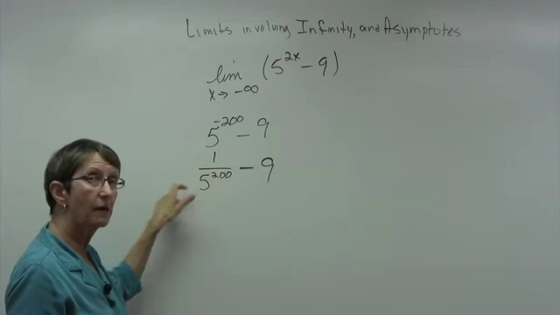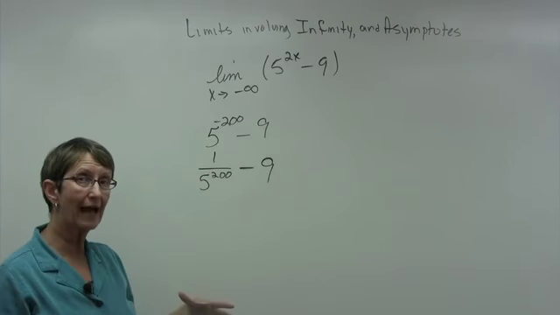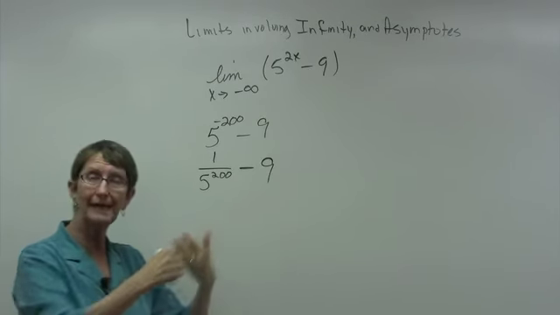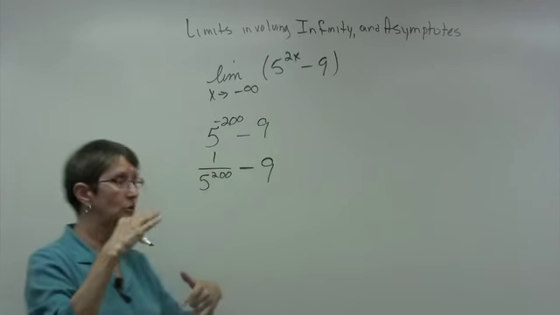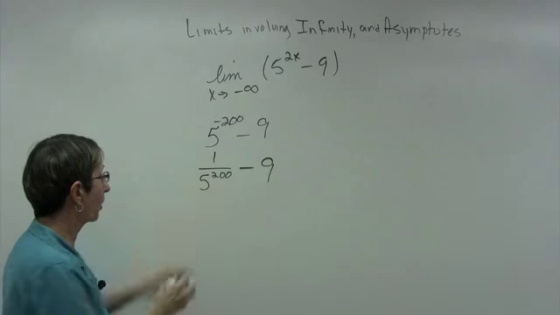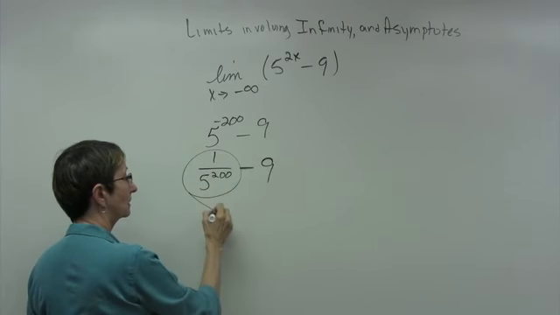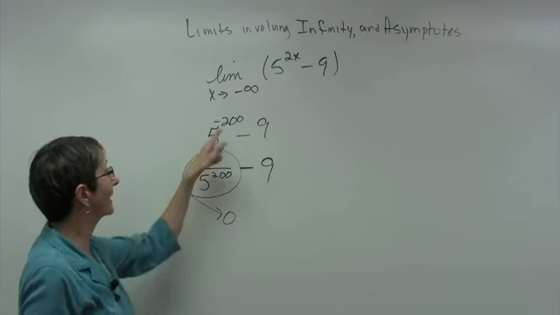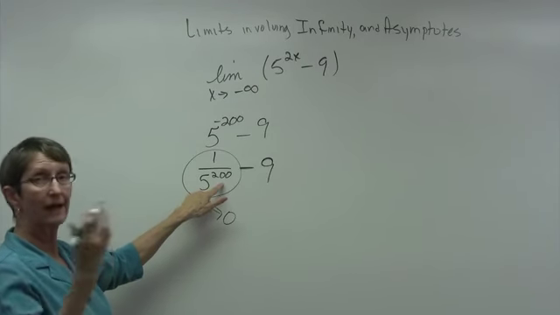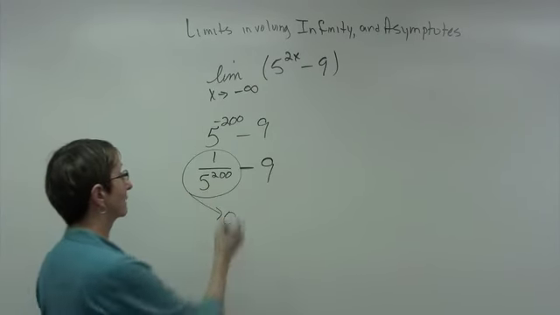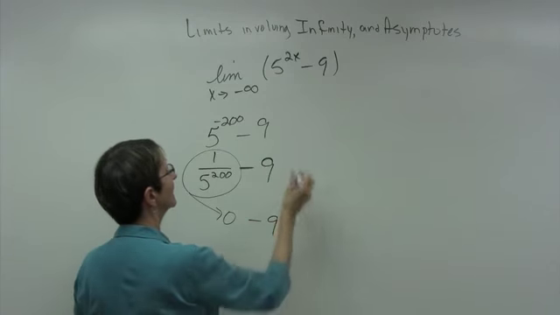The bigger the denominator gets, the smaller the fraction, like in the previous one when we had 6 over 100 and 6 over 1,000. So this part right here is just going to 0, because if x is even larger negatively, 5 to the 2,000 is even smaller. So this whole thing is 0 minus 9.